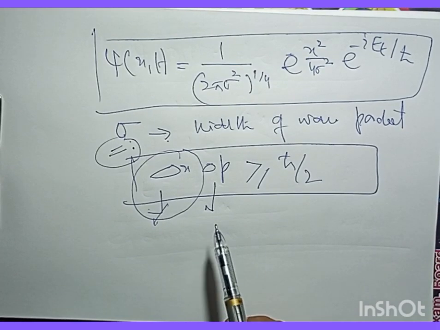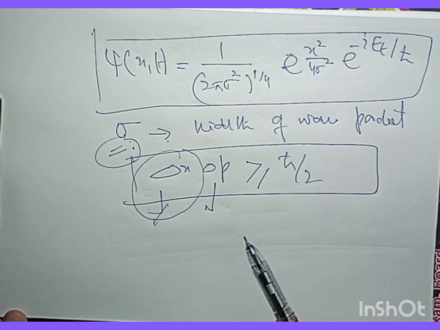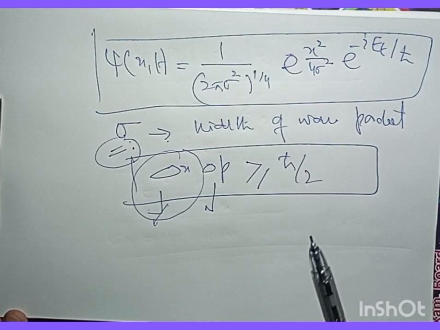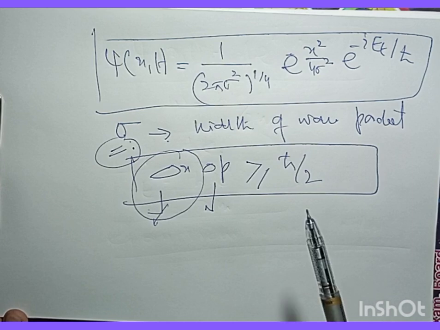So we can summarize the free particle situation in quantum mechanics, the quantum mechanical treatment for the free particle. It involves solving the Schrodinger equation to find the wave function, and using plane wave solutions to describe the particle's state.